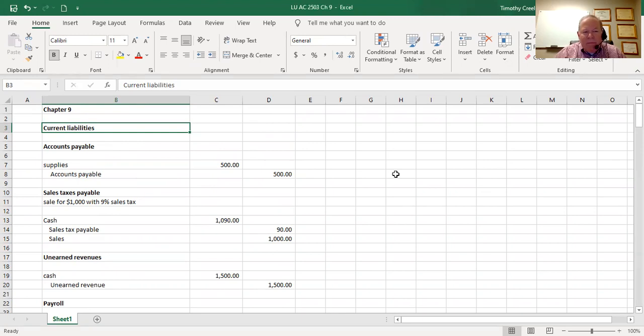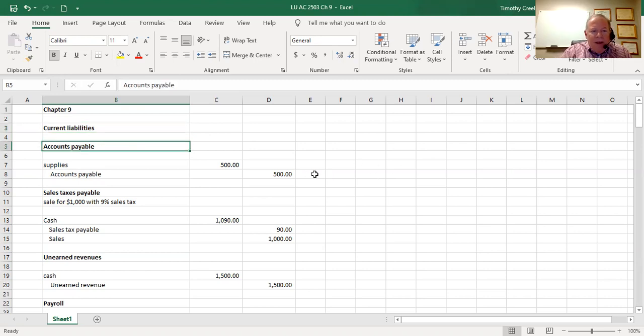So accounts payable is the main one, but interest payable, sales tax payable, we'll look at that in a moment, unearned revenues, some of your entries related to payroll would also be that, salaries payable. So a lot of different accounts are current liabilities.